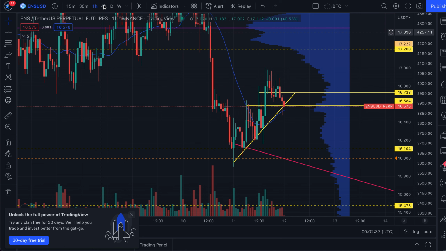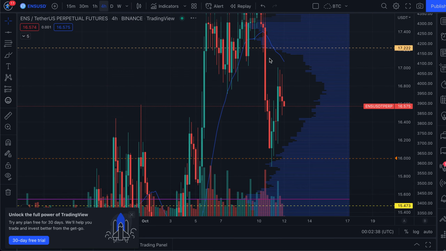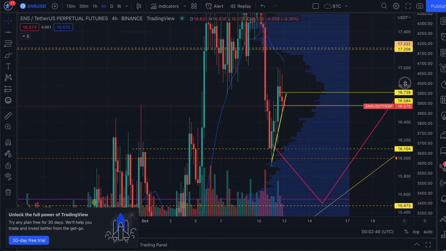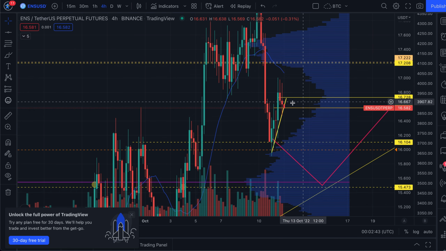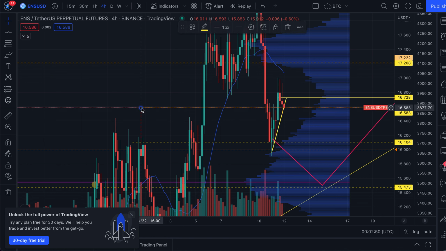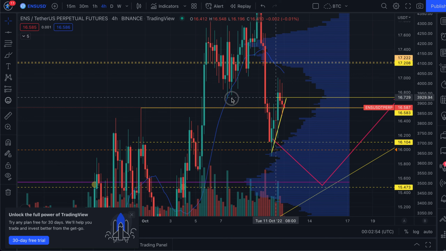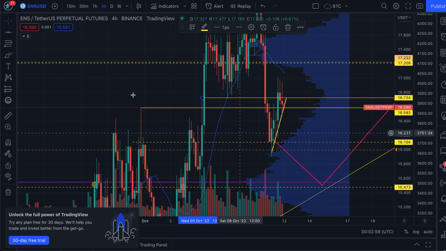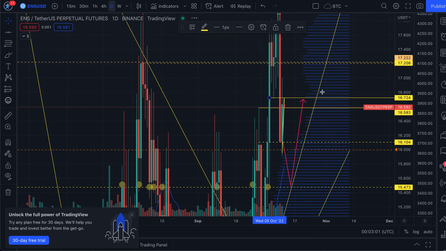Let me go ahead and move over to the 4-hour, see if I can get a better look at that. Yeah. So this is the level it's on right now, and we can drag this all the way back to this wick. And this one can be drawn all the way to this wick. Okay, so got some pretty significant levels right there on the 4-hour, which means that they should be dashed.